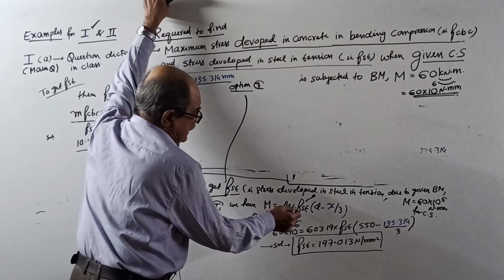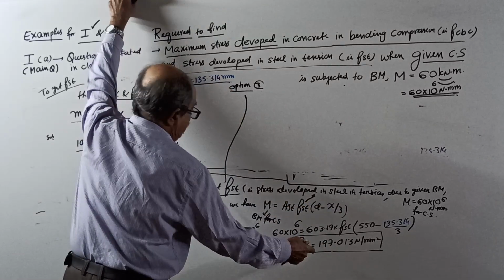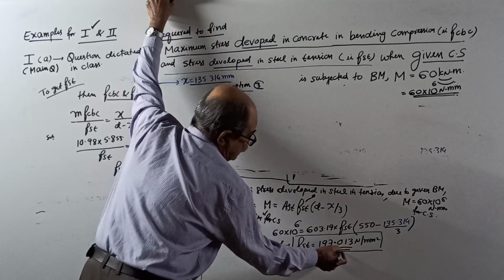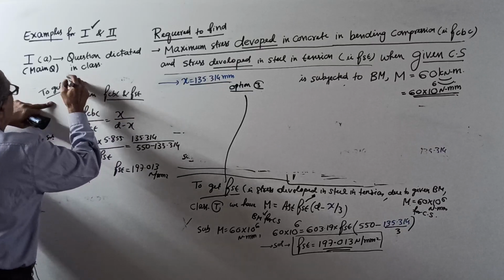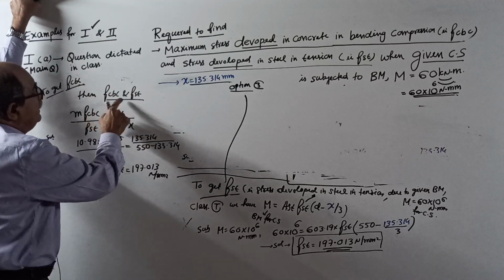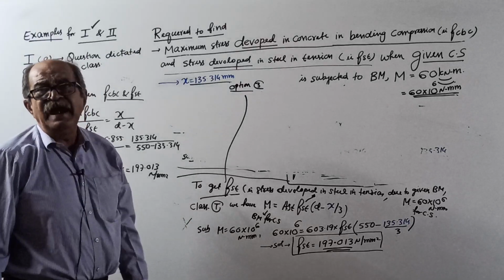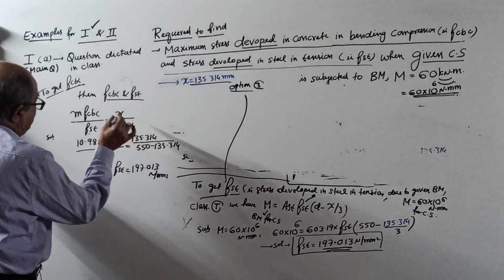M equals AST FST into (D minus X by 3). Substitute and get FST. How much will FST come? 197.013. Then, to get FCBC, once again write the relation between stress developed in concrete and steel: M FCBC by FST equal to X divided by D minus X.